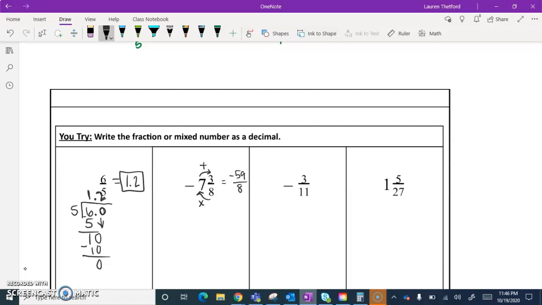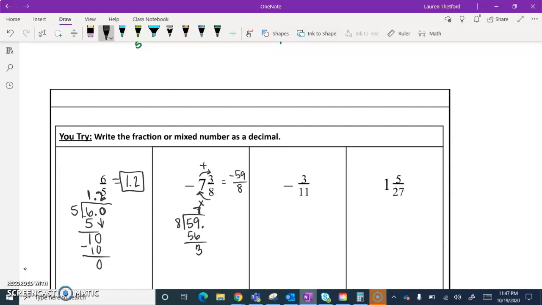So now we know that 59 goes inside and 8 goes on the outside. 8 goes into 5 0 times, but 8 goes into 59 7 times. 7 times 8 is 56. When I subtract, I get 3.